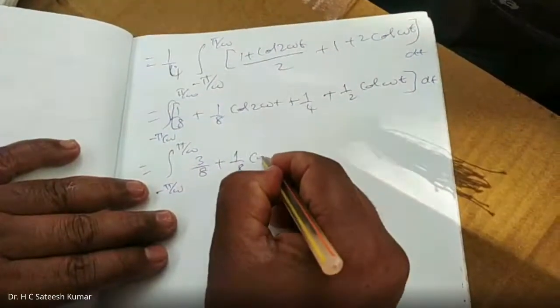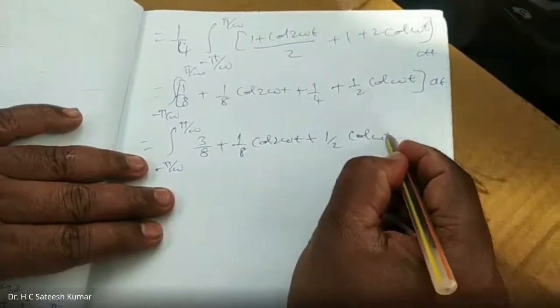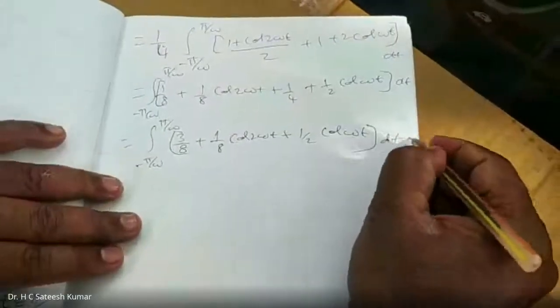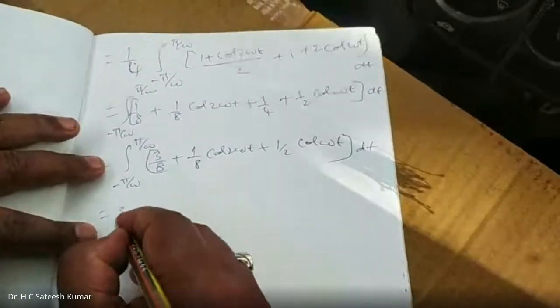That's why you will get 3 by 8. So 3 by 8 plus 1 by 8 cos of 2 omega t plus 1 by 2 cos of omega t, into dt.